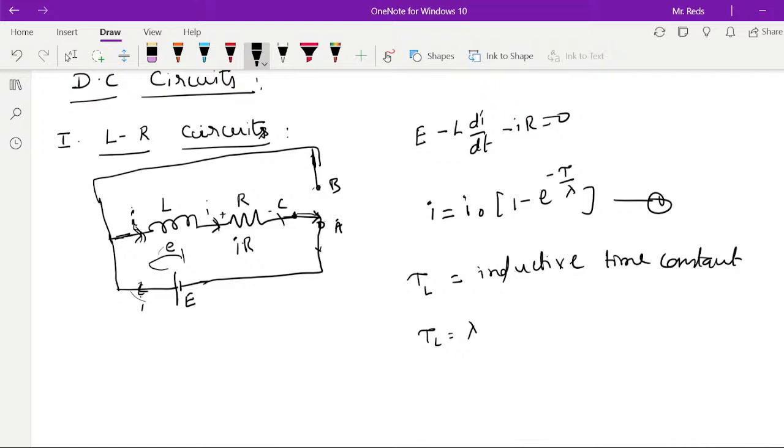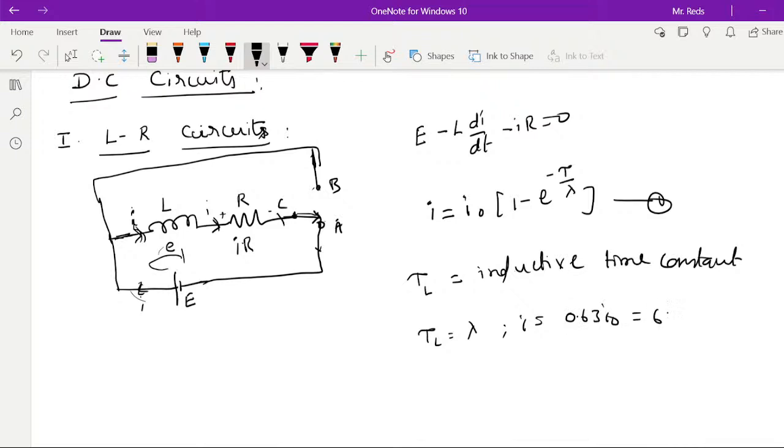If tau equals lambda, then e power minus 1 gives 1 by e. By substituting the value of e and simplifying, we get I equal to 0.63 times I naught, or 63% of the maximum value.